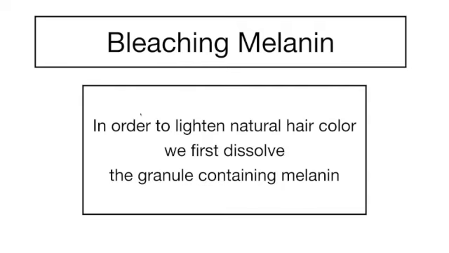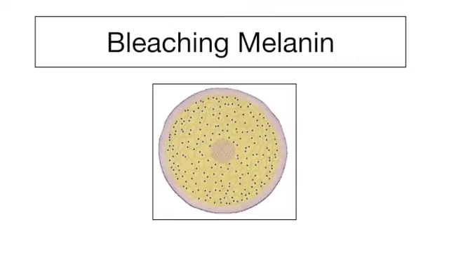Now, in order to lighten natural hair color, the first thing we do is we dissolve the granule containing the melanin. That means we dissolve these little tiny black dots that you see. That's how we start the bleaching process.